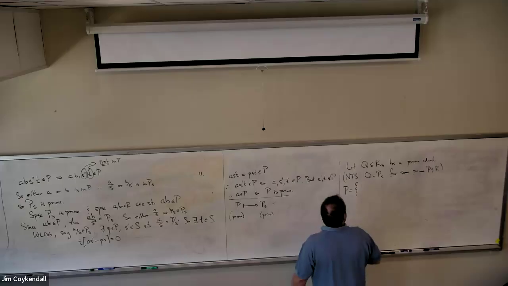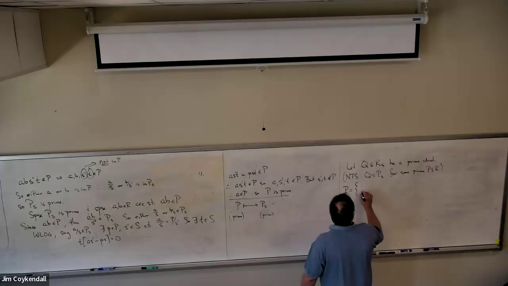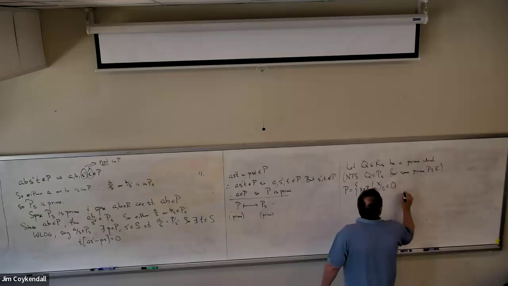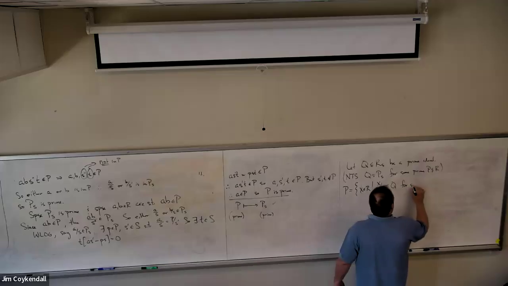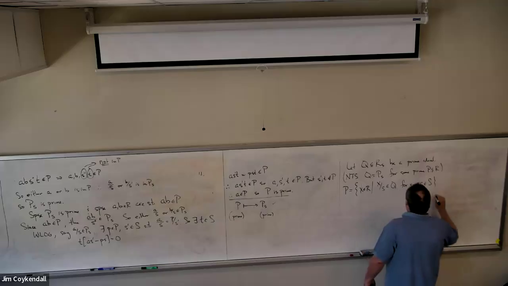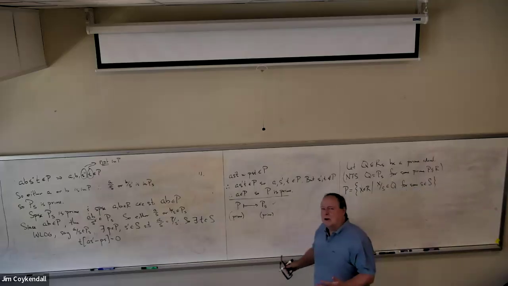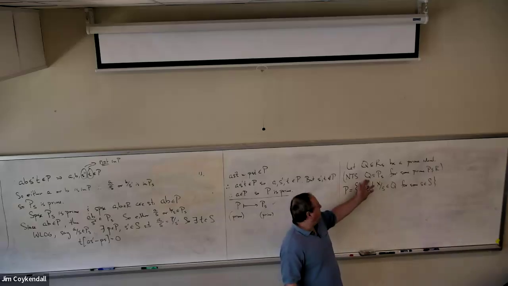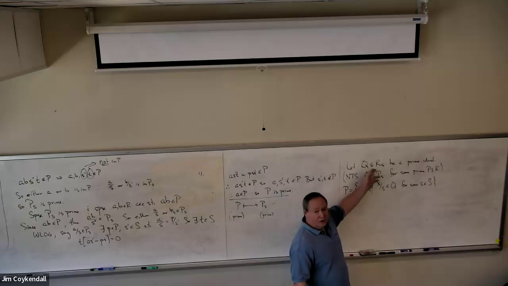So I am going to let P be the set of, let's say, x in R such that x over s is in Q. Basically, what I'm trying to do here is I start with this random prime ideal Q that lives in R_S.